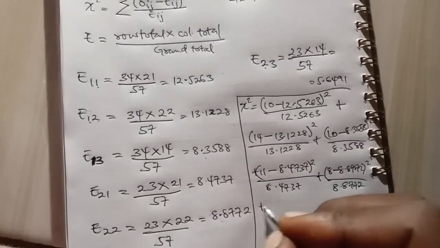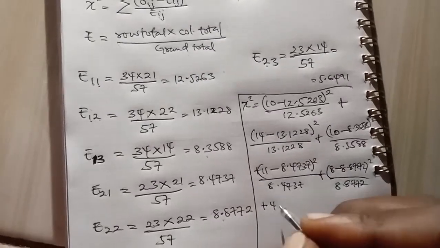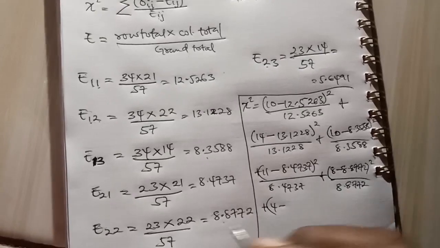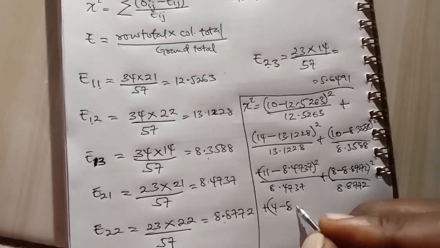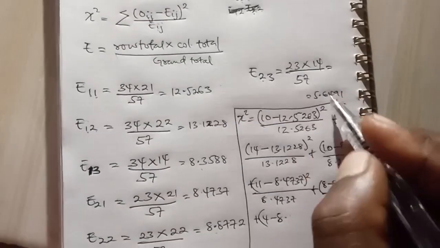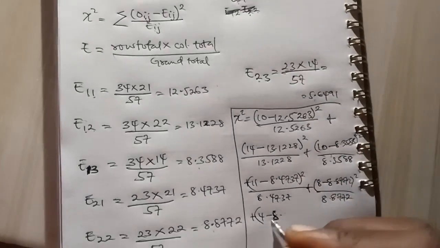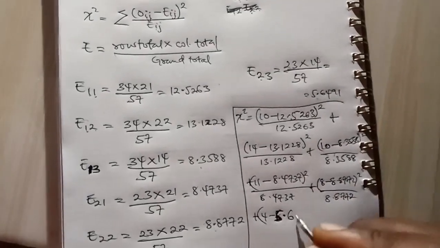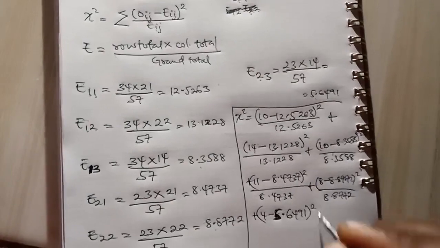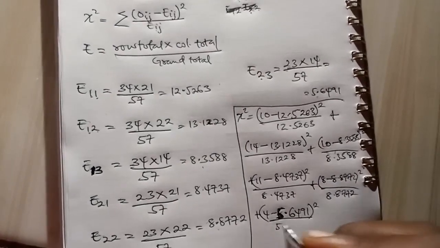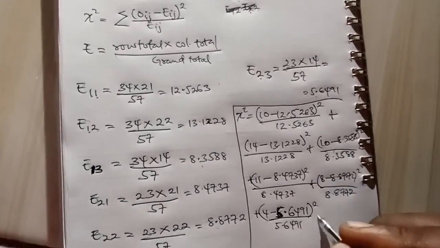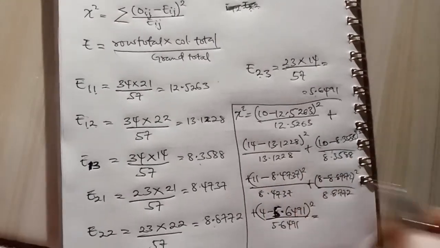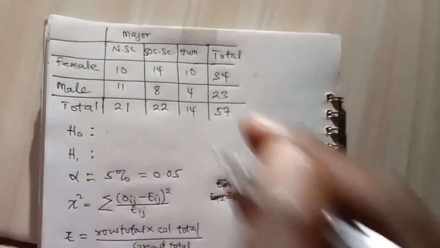Then the last one in the table is 4. 4 minus the expected, 5.6491, all squared over 5.6491.